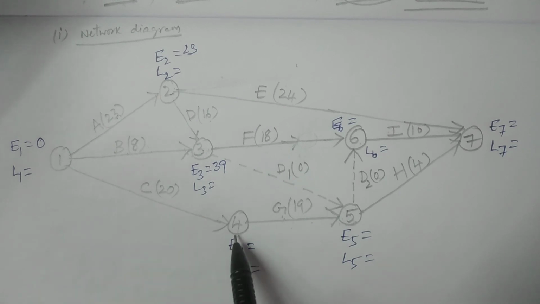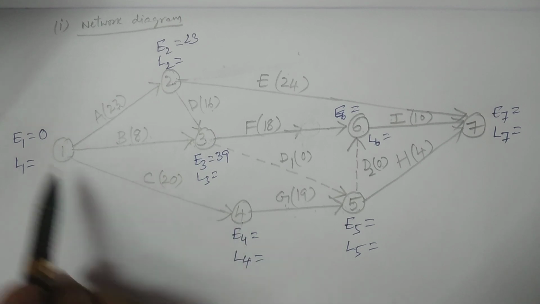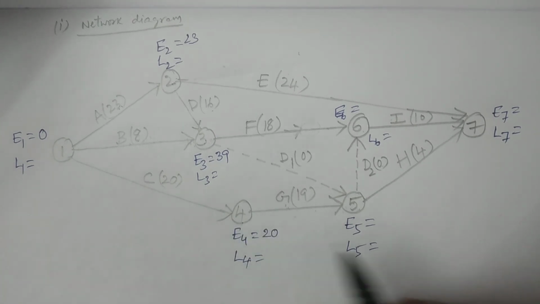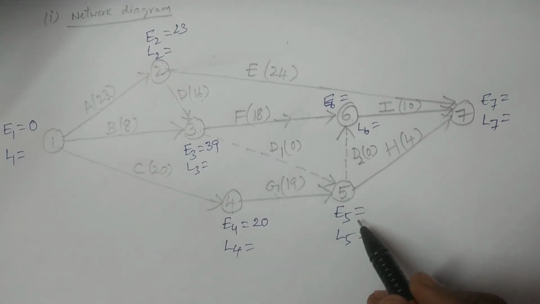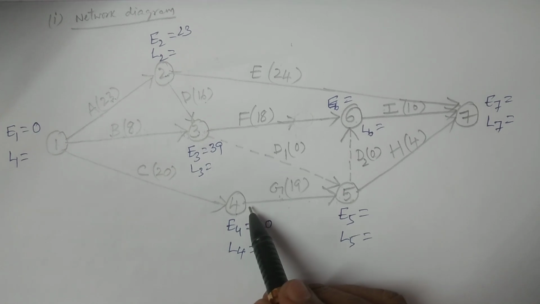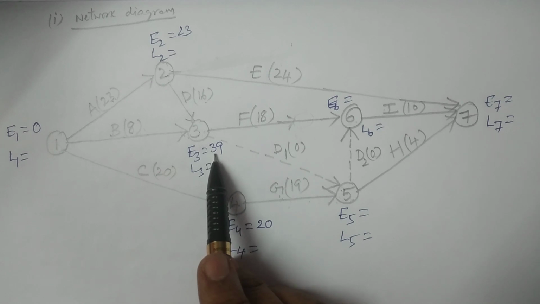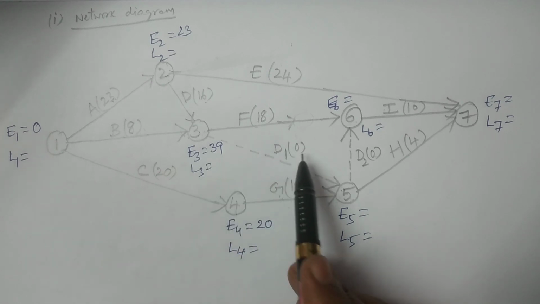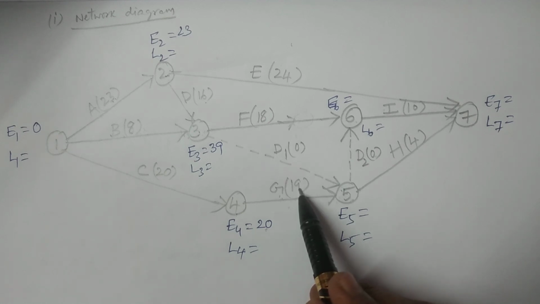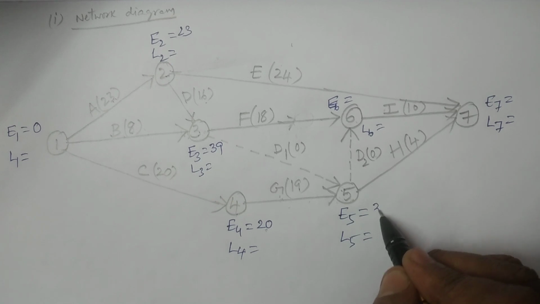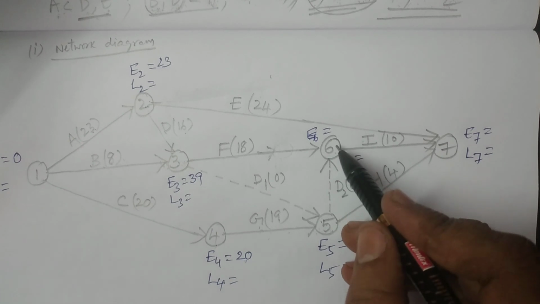Then E4, only one connector, 0 plus 20, it is 20, right? Next move to the fifth one, E5. It is connected from two activities, 4 to 5 and 3 to 5. Therefore E3 is 39, 39 plus 0 is 39. E4 is 20, 20 plus duration 19 is 39. So the maximum is 39, because with two activities you have to consider the maximum. Then move to 6.